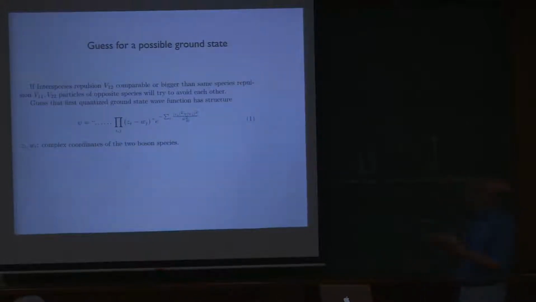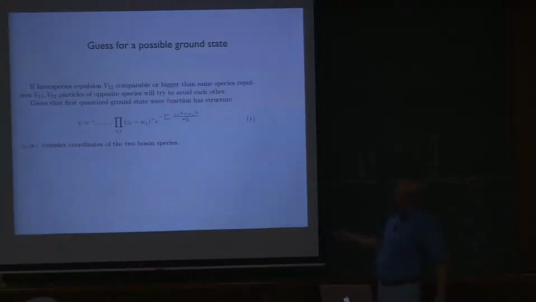In the quantum Hall context, this suggests a wave function where you build in a zero of the wave function whenever a particle of type 1 approaches a particle of type 2, right? So the natural guess is that the wave function has a factor like this, Z_i minus W_j, which forces it to vanish whenever any Z_i approaches any W_j. Okay?